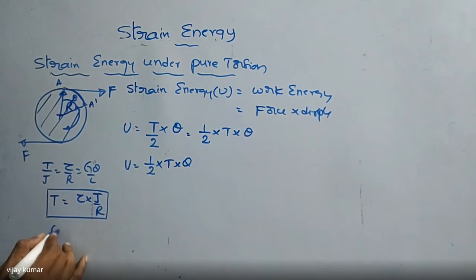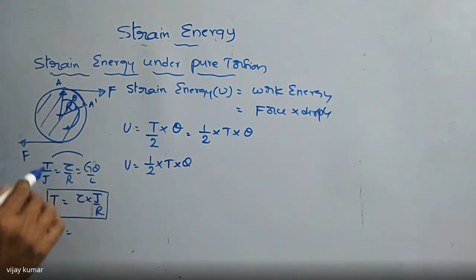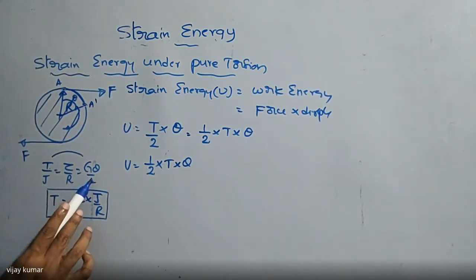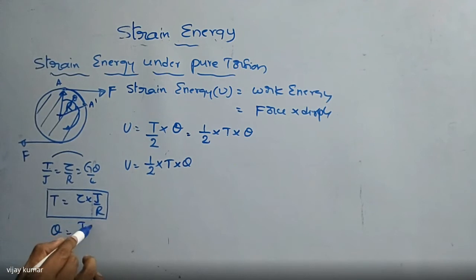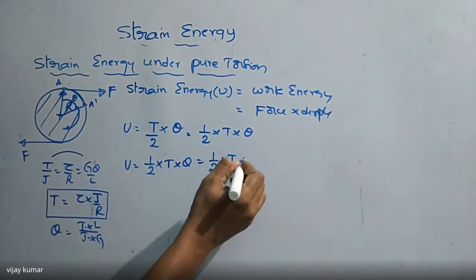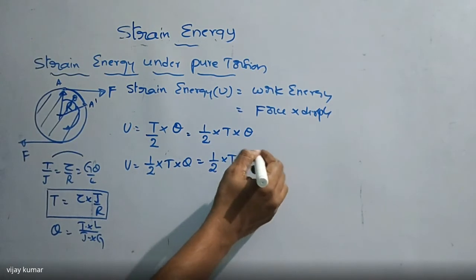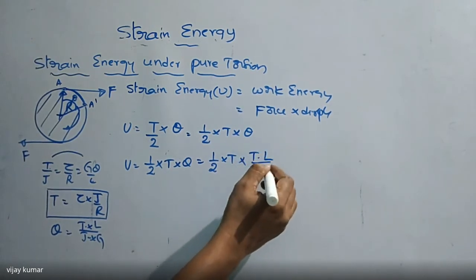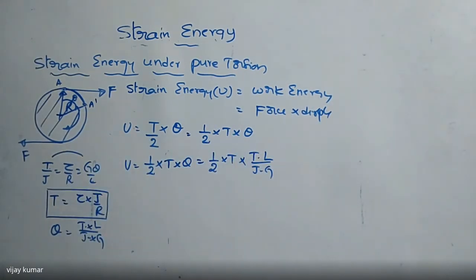From this equation, theta is equal to T into L divided by J into G. That is the value of theta.